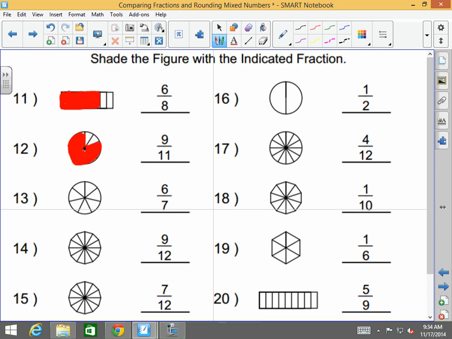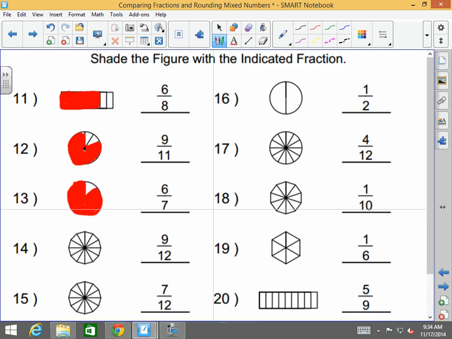Number 13, 6/7. Well, I've got here 1, 2, 3, 4, 5, 6 out of 7. So it's everything shaded in here. I'm shading 6 out of 7. Excellent.